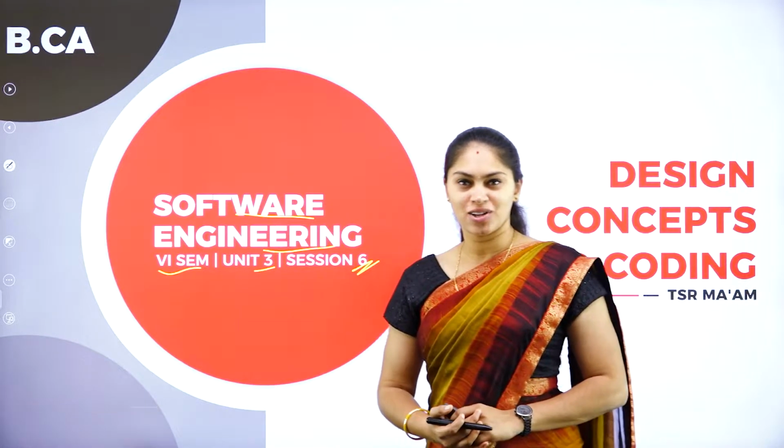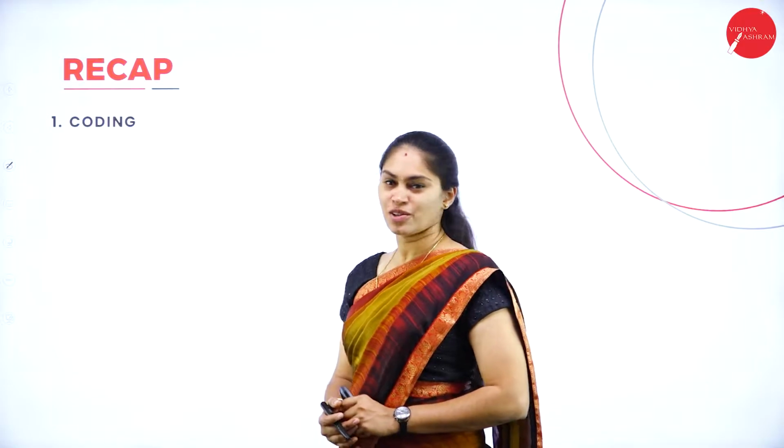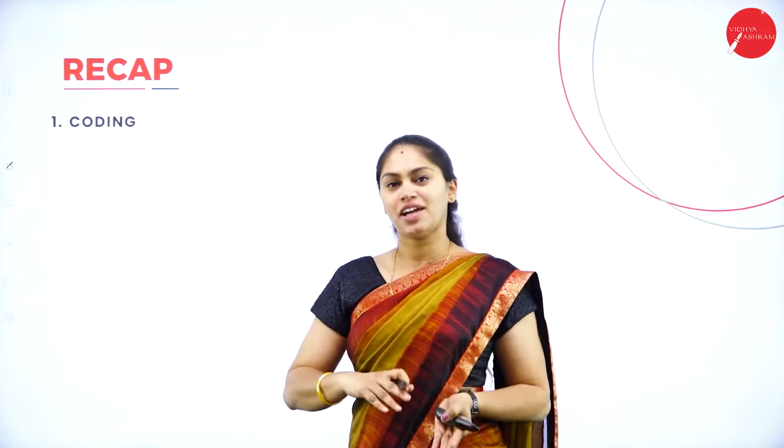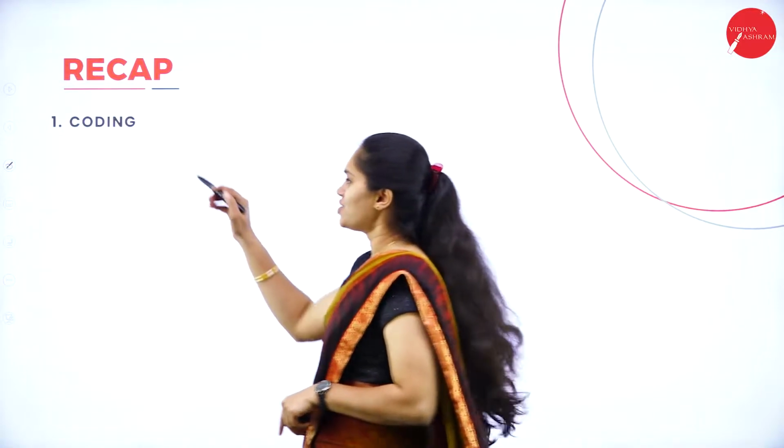Before getting into today's session, we'll have a quick recap of my previous sessions. As we all know, in the last session of this unit, we discussed coding. In coding, we convert the structured design into some programming language, and that is what we call coding.